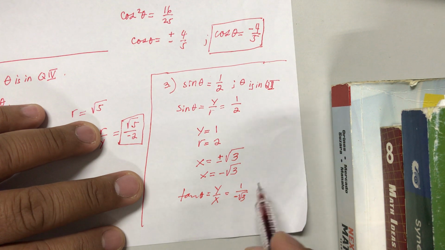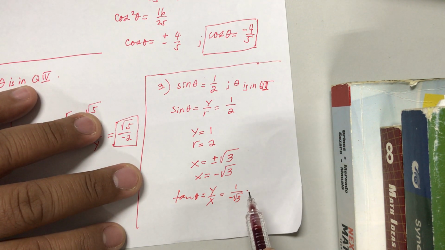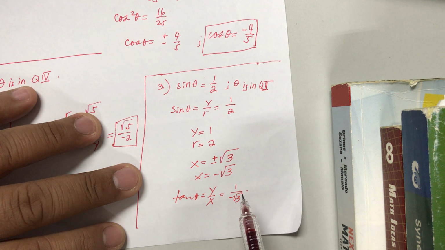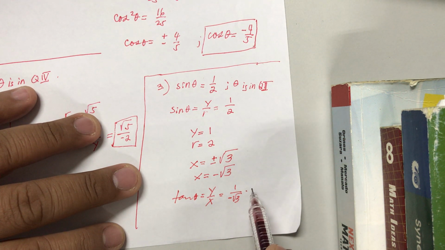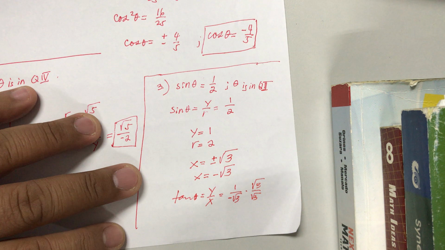So what you are going to do is to rationalize the denominator since square root of 3 is an irrational number. It may be a real number but it is an irrational number. So the process is for you to rationalize the denominator by multiplying both numerator and denominator by square root of 3. Or you multiply the entire expression 1 over negative square root of 3 by square root of 3 over square root of 3. Okay, unsa ganito?